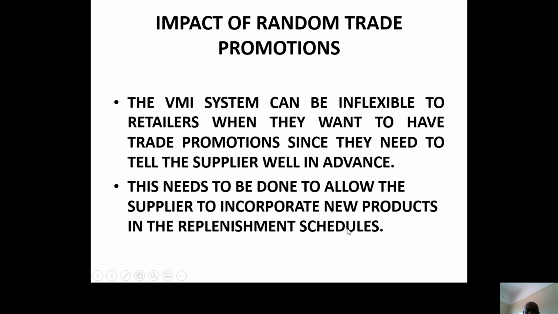Impact on random trade promotions. You want to promote this? Is the vendor in a position to do it? Again, if you have not done your assessment correctly, then you have a problem. Financially, they may say they are not able to do that. But you want to move on. This is a competing world.